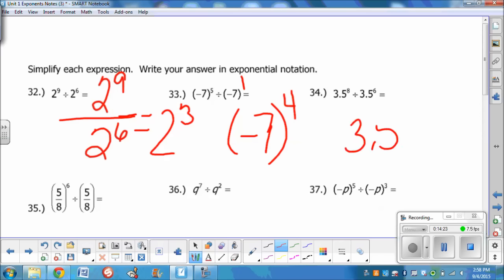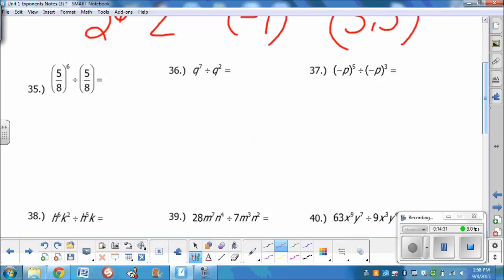3 to the 5th is the base. 8 minus 6, because we're dividing, 2. Again, keep in mind all the time when you're dividing, you subtract exponents. There's our exponent of 1 and 35. So what's my base? 5 to the 8th.